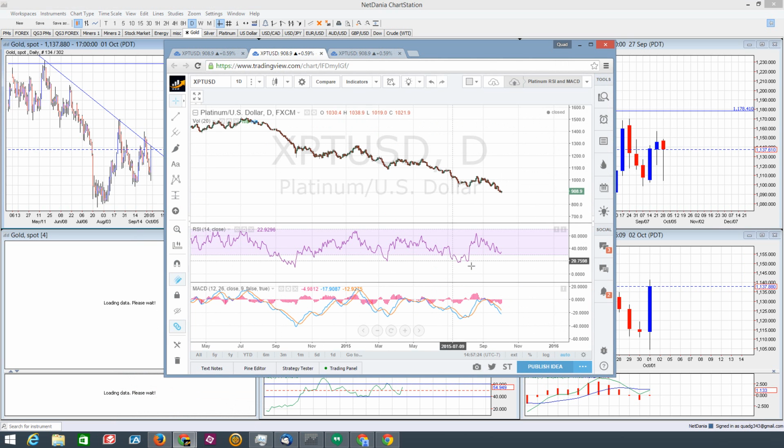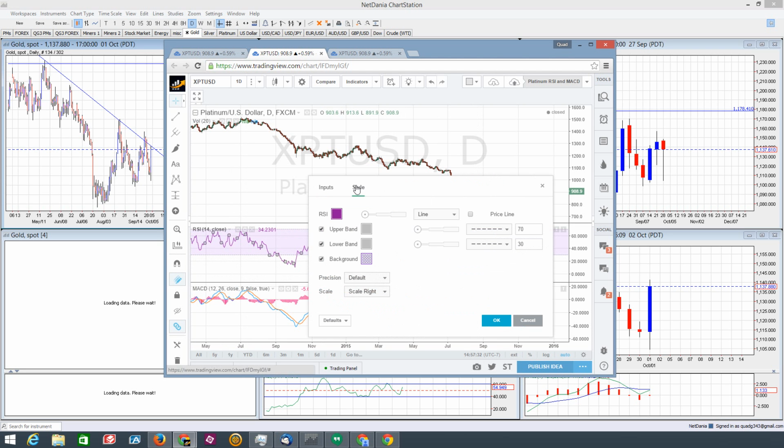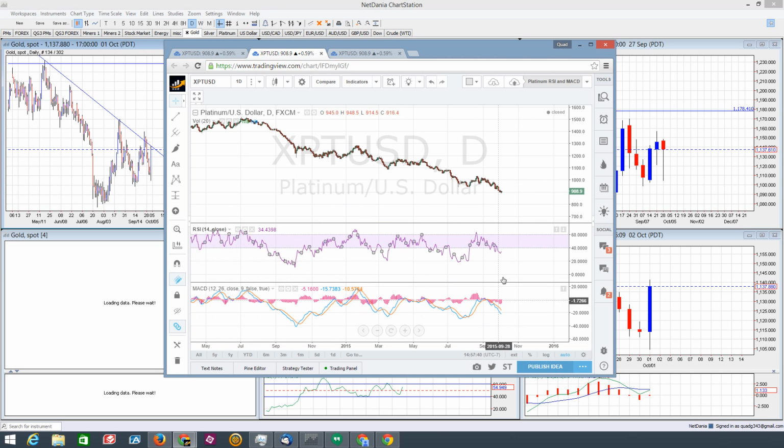Here is the RSI. I didn't adjust that. Let me adjust that real quick. Just hold on a second here. Just go in here and adjust those levels the way I like them. Okay, so RSI is still down here.